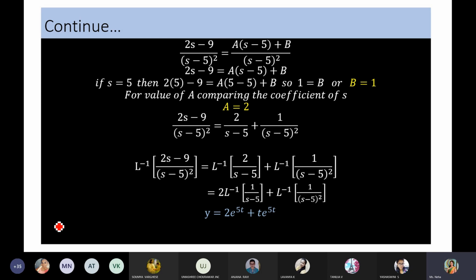Step number 4, apply Laplace inverse concept. Most of the time you will be doing this through partial fraction. So make sure you are very good with partial fraction, then only you can solve such problems. And definitely one problem from application will come. So make sure you practice it properly.